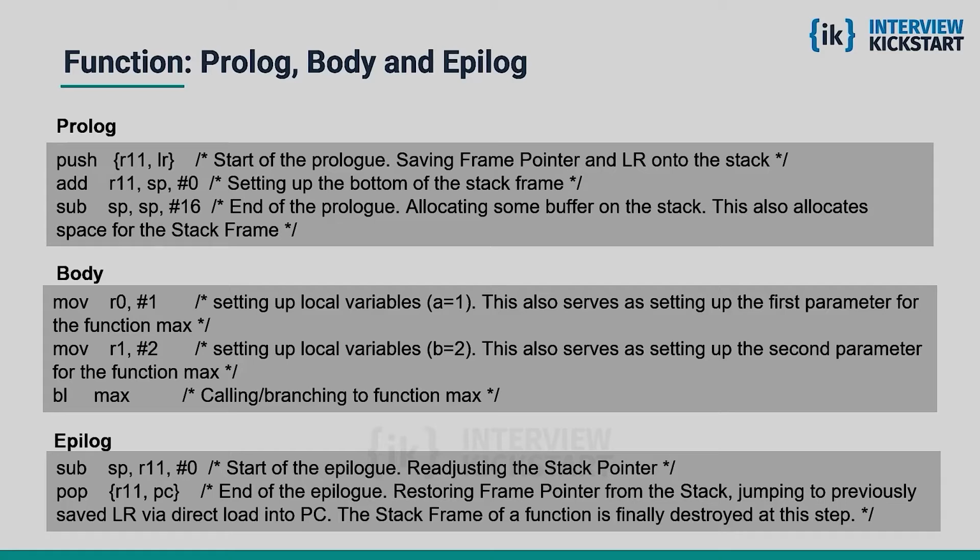Once we readjust the stack pointer, we restore the previously saved registers by popping them from the stack into the respective registers. For example, popping the link register onto the program counter is one method of returning from a function. Depending on the function type, the pop instruction might be the final instruction of the epilogue.